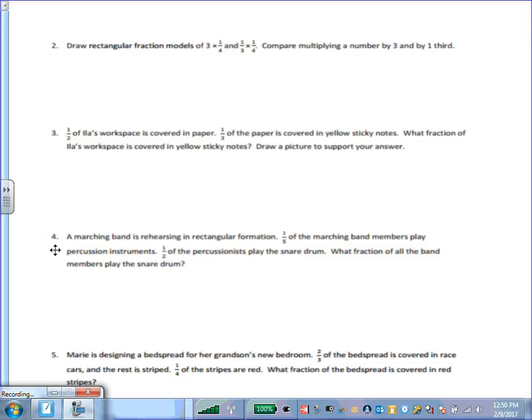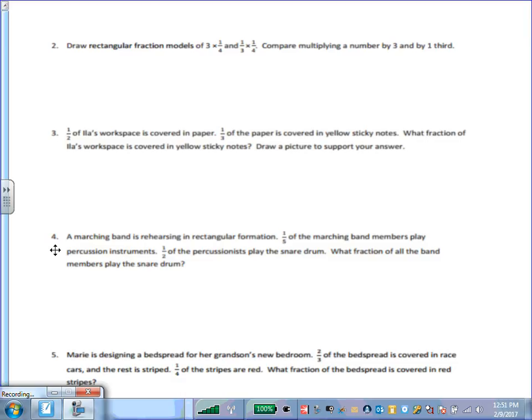So, draw rectangular fraction models of 3 times 1/4 and 1/3 times 1/4. Compare multiplying a number by 3 and by 1/3.